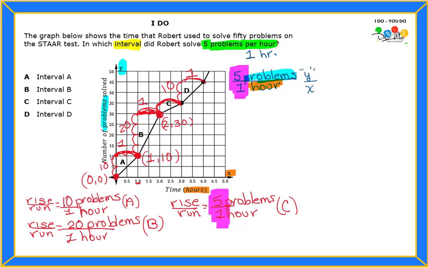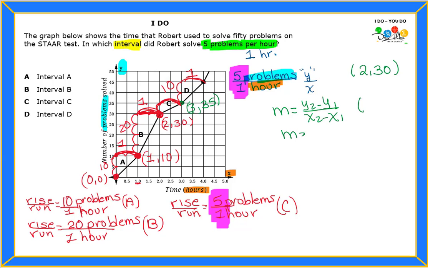But what I want to do is work it out using the formula m equals y sub 2 minus y sub 1 over x sub 2 minus x sub 1. I need to choose the 2 points that are in the interval for C. So I have one, which is 2 and 30. The other point I didn't write down, but this one is going to be 3 and 35.